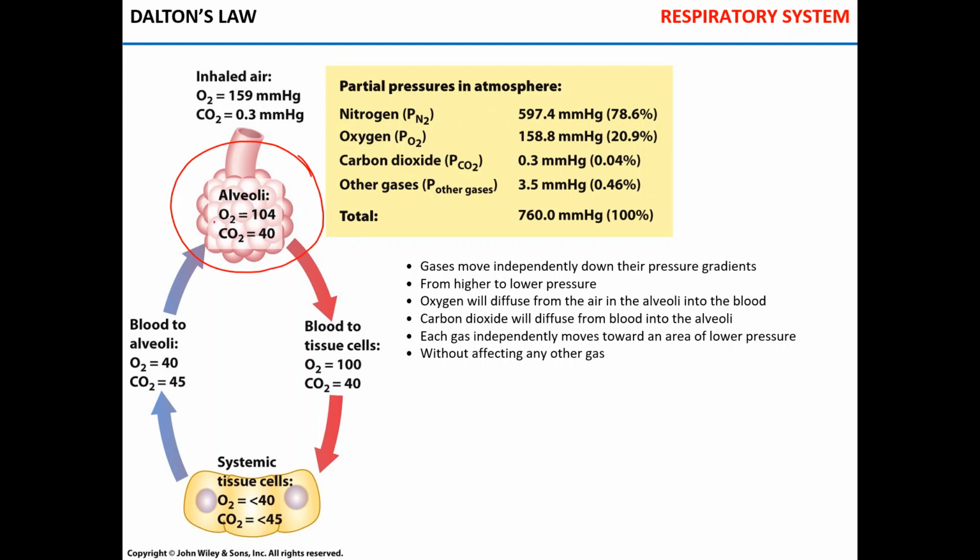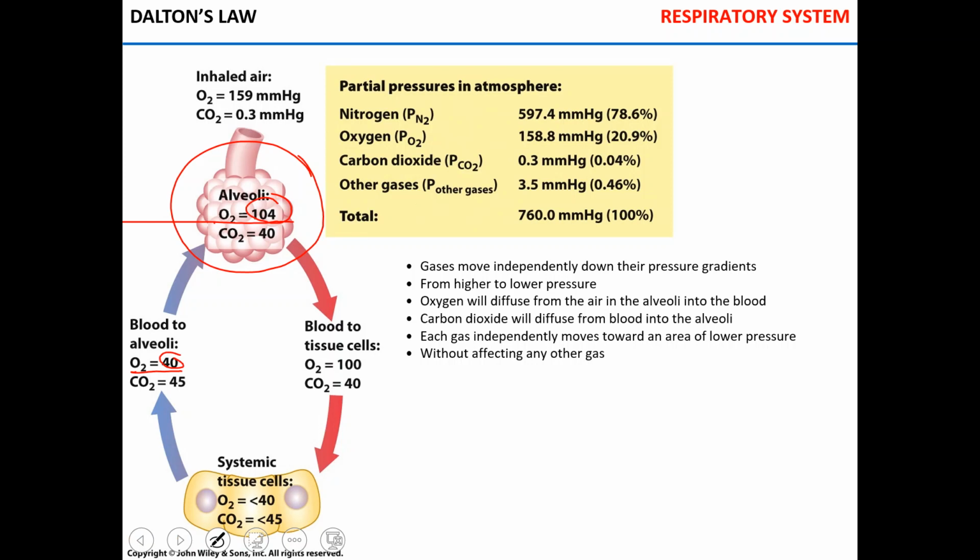Oxygen moves into the blood. Why? Because alveolar pressure of oxygen is 104 and pressure of oxygen in the blood is 40. 104 is obviously more than 40, so oxygen diffuses from high pressure to the low pressure.